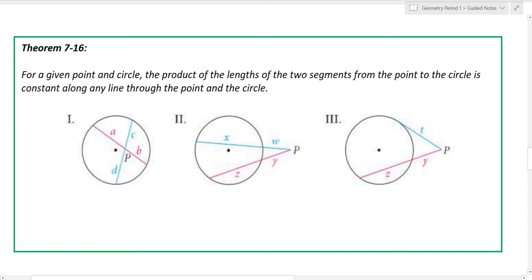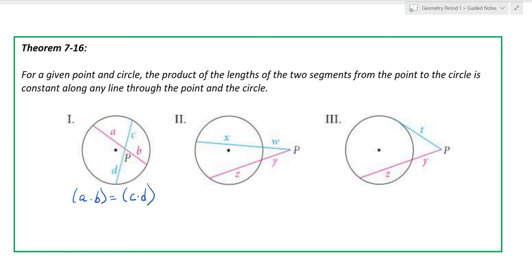So for type 1, here's what we know. We can say that the product A times B equals the product of C times D. That's true for a type 1, which is just 2 chords.